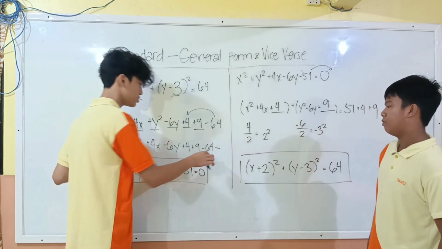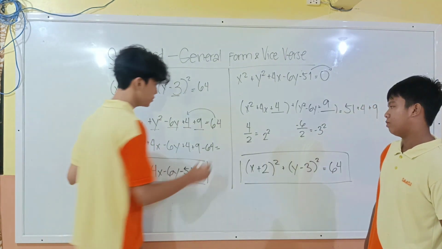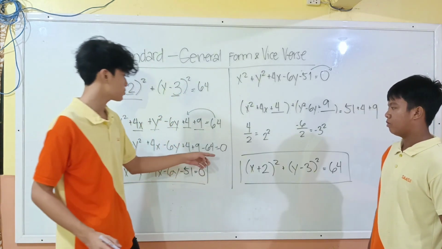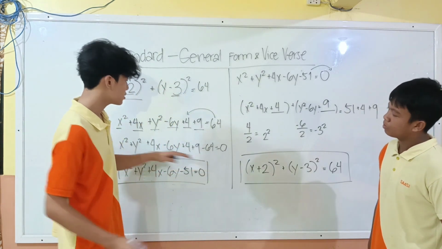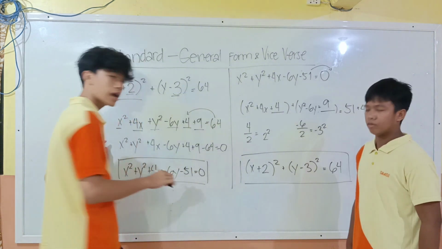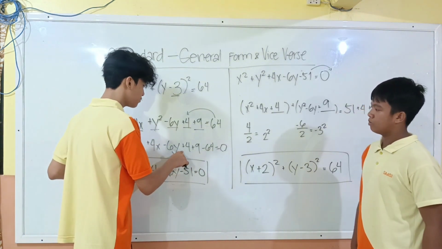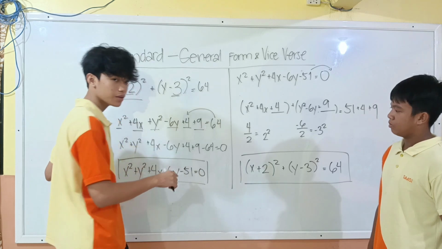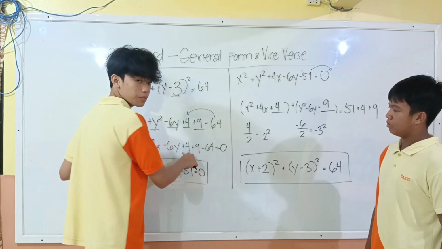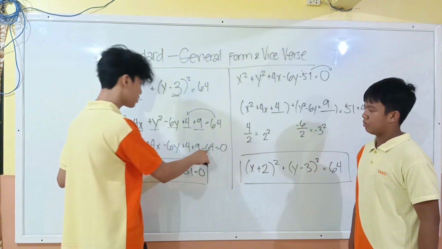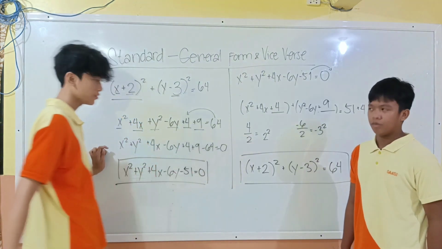We transpose 64 because in the general form, we needed to equate to 0. So we will transpose negative 64 and then simply combine like terms. So positive 4 plus positive 9, we get 11. Positive 11 plus negative 64, we will get negative 51.